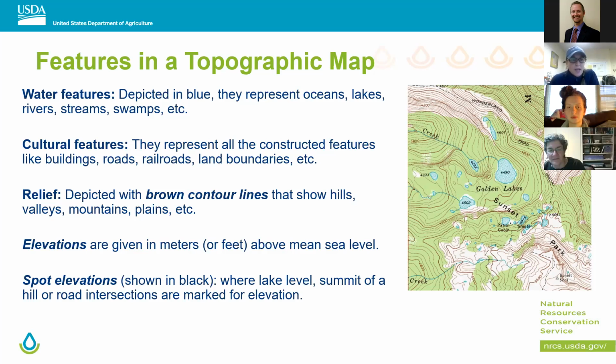Other things on the map, it's going to have features like roads, railroads. It'll have some boundaries. Here's a trail that's dashed. What else? Relief. All these brown lines are contour lines, and they show you the elevation at the darker brown lines.